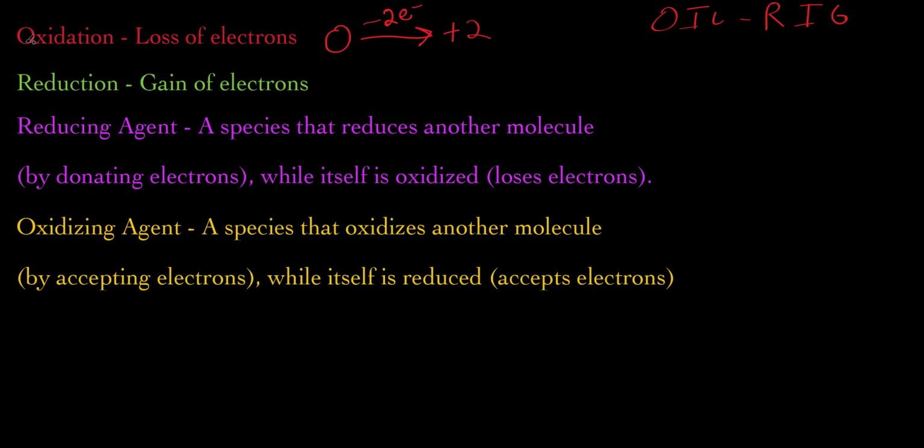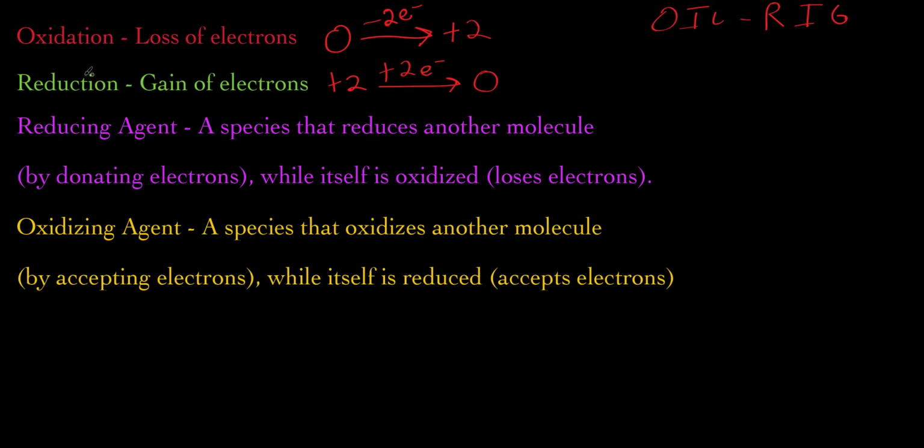Now, you look at this, it says reduction is the gain of electrons. You may be thinking, what do you mean, reduction and gain? Those are 2 different things. Well, it will make more sense when you look at the oxidation numbers. Say we have an atom that has a positive 2 oxidation number. If we gain 2 electrons on this atom, we would therefore have a 0 oxidation number at the end, because by gaining negative charge, you became less positive.